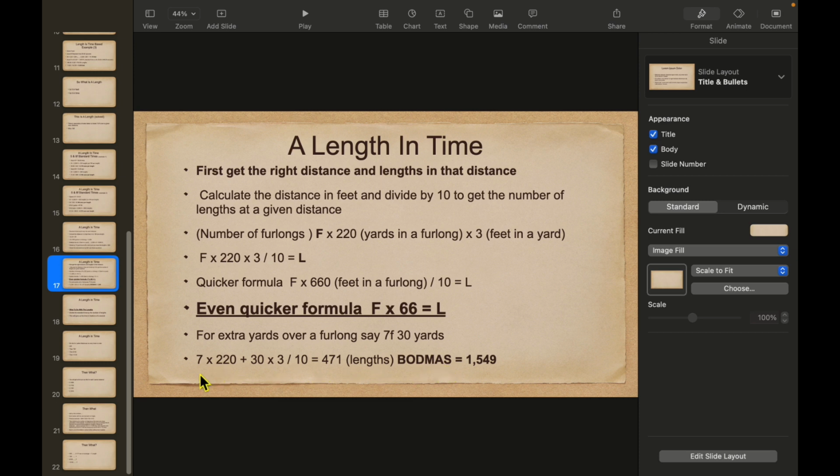So if you're using your phone calculator, do it this way. 7 multiplied by 220, press the equals, plus 30, press the equals, multiply it by 3, press the equals, divide it by 10, equals 471. But this is the easiest way to do it. But if there is some extra yardage, you're going to have to add that on and calculate that.